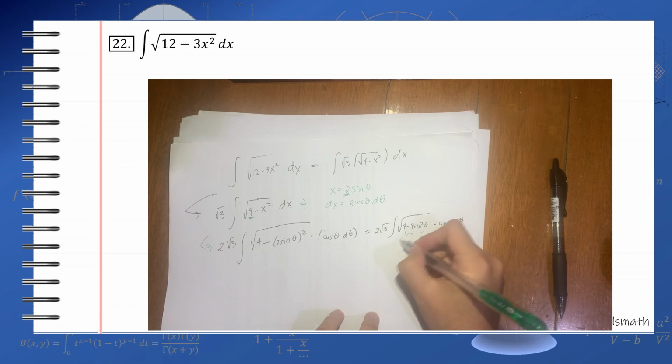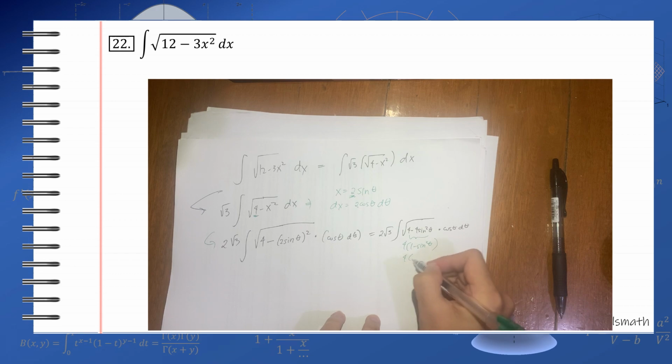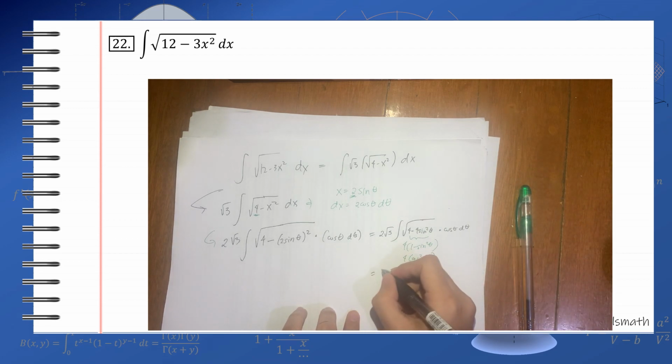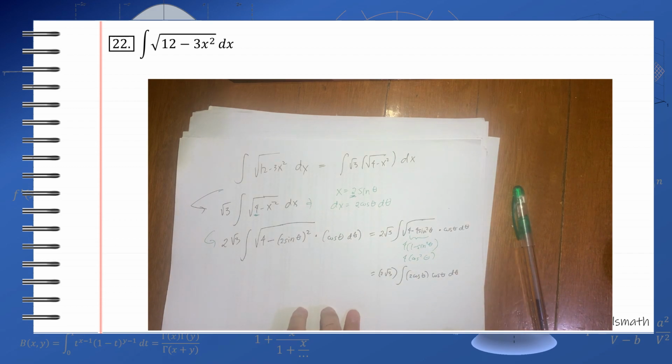If you factor out the 4, 4 times 1 minus sine squared theta, this becomes cosine squared theta. So the square root becomes 2 cosine theta. So this becomes 2 square root of 3 integral of 2 cosine theta times cosine theta d theta.